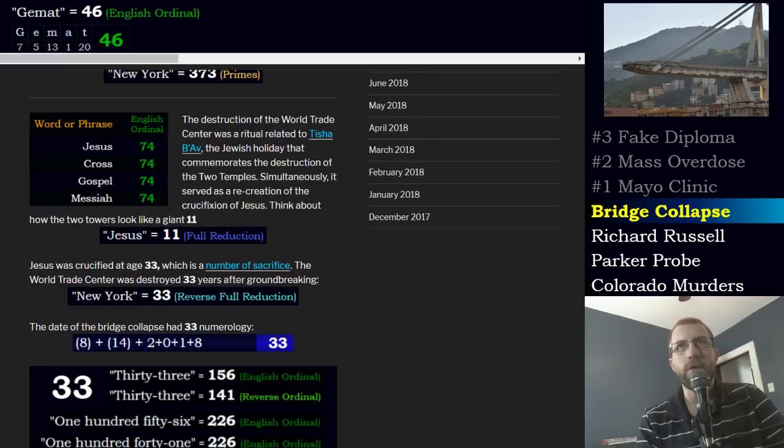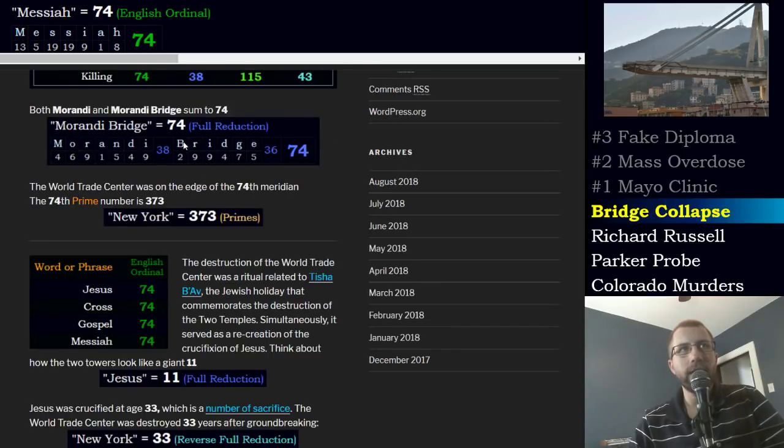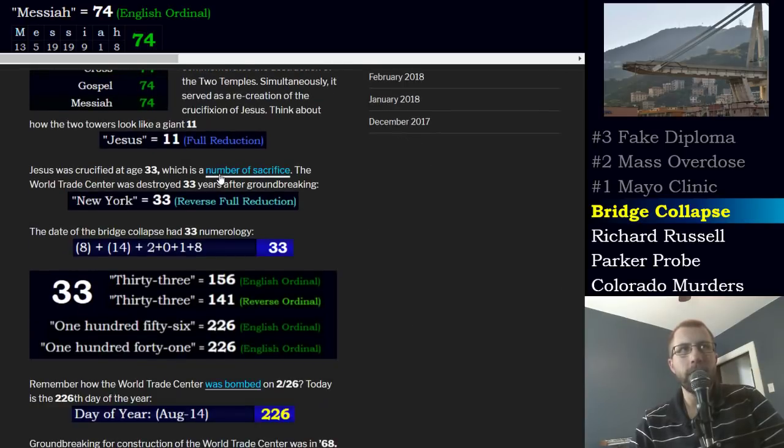English 74, gematria 74. It's a simple practice, one rooted in Jewish mysticism. The word cross also 74, gospel 74, Messiah 74. Such a significant number, right? And of course, this ties into Morandi Bridge.